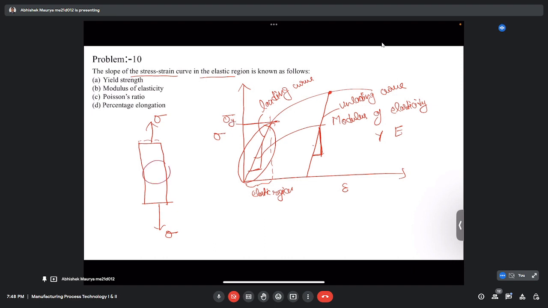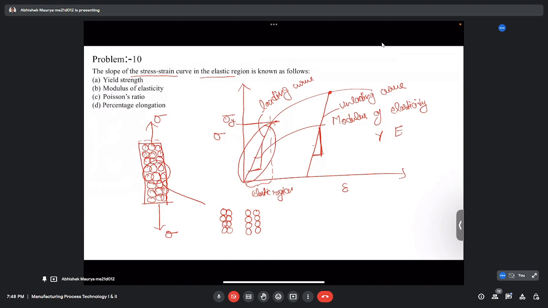Now let's look at what is happening at the atomic level. This material is made up of different atoms. When we apply a small load, there is a small displacement in the mean position of the atoms.